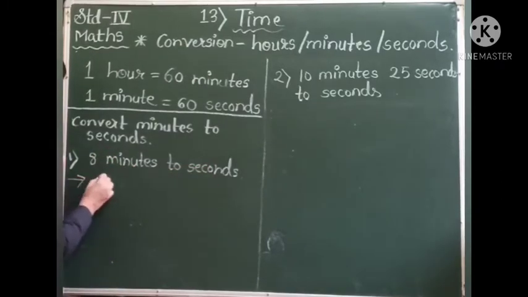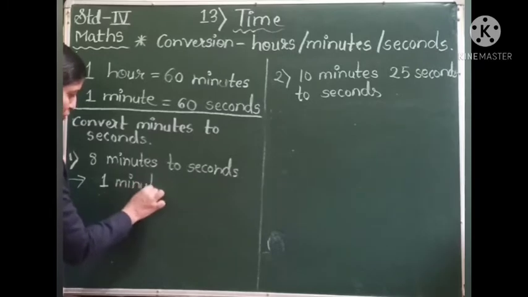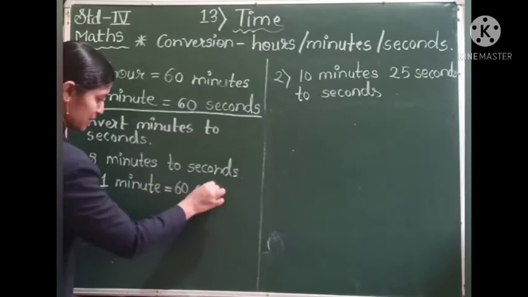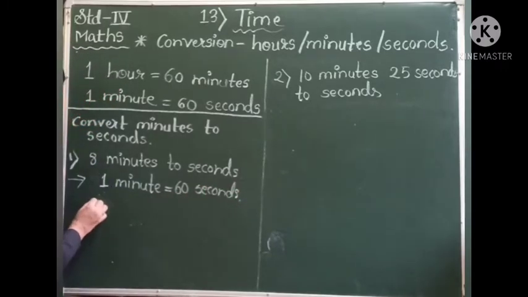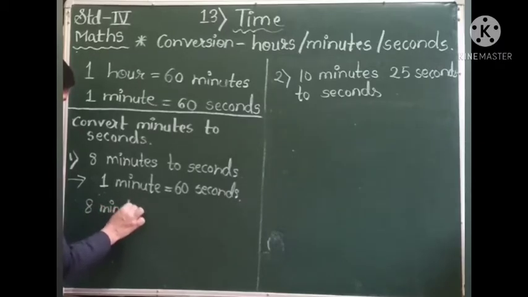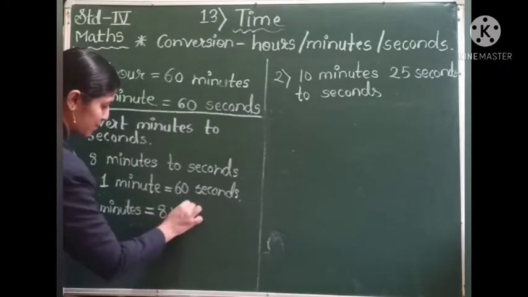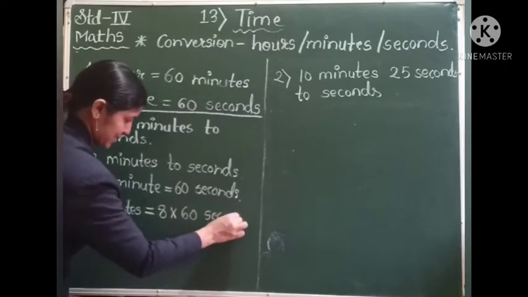As we know, 1 minute is equal to 60 seconds. So 8 minutes is equal to the number of minutes, that is 8, multiplied by 60, and the unit will be seconds.